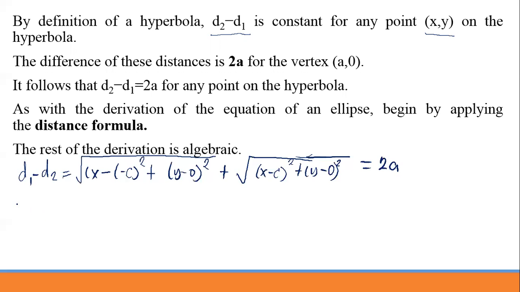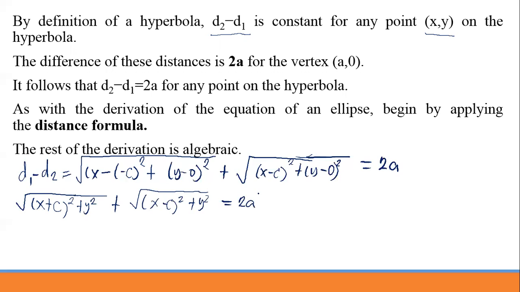So if we are going to simplify, so this will be the square root of the quantity of x plus c squared plus y squared. Ayan, so square root yan ha. Plus the square root of the quantity of x minus c squared plus y squared equals 2a. Right?